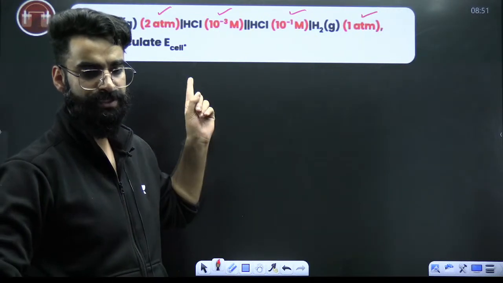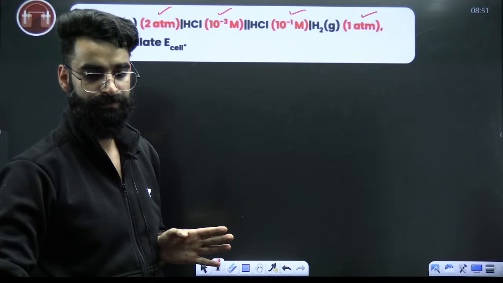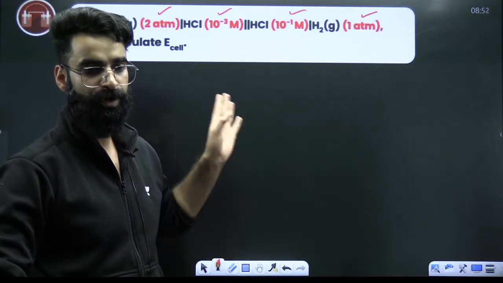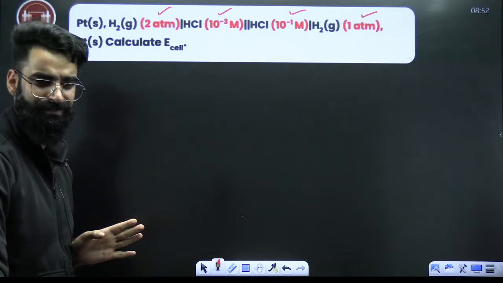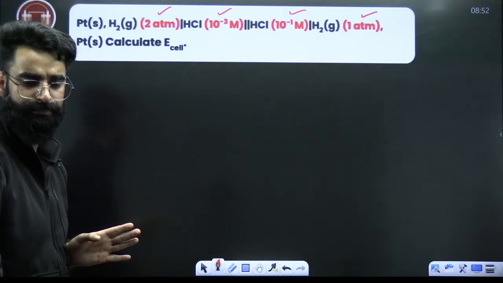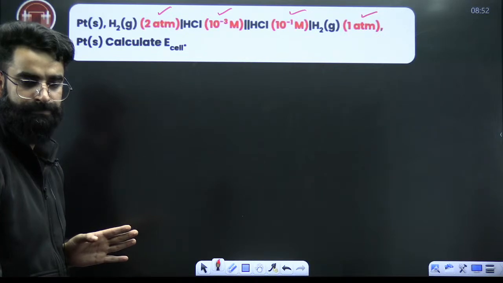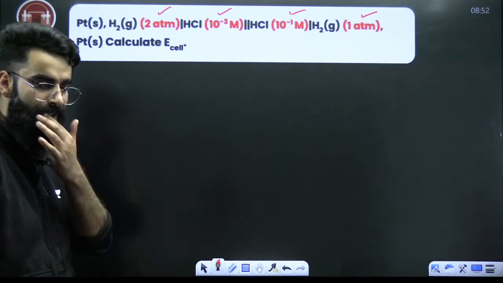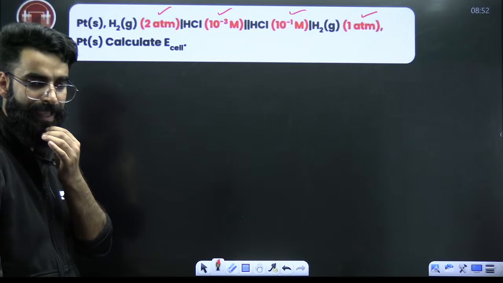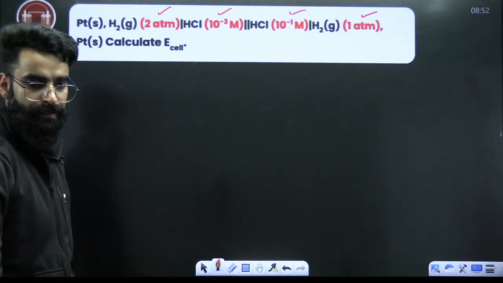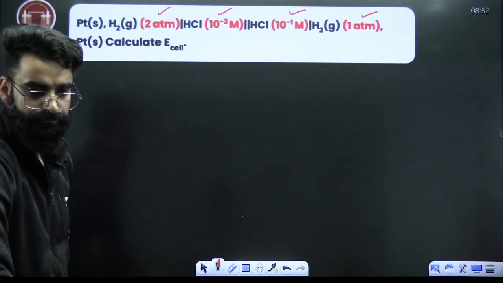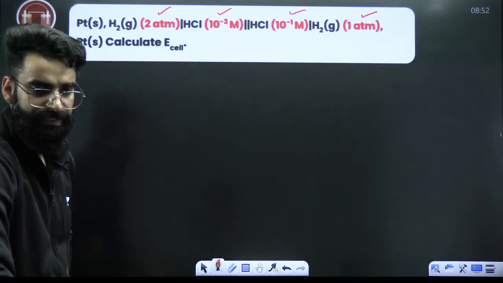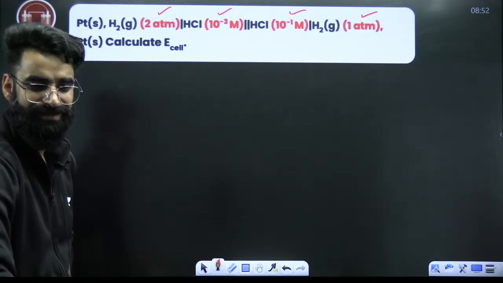Will you be able to solve this question, or do you want me to solve it? Because it's a simple question, nothing different or difficult to do here. Let me know quickly, yes or no in the chats.